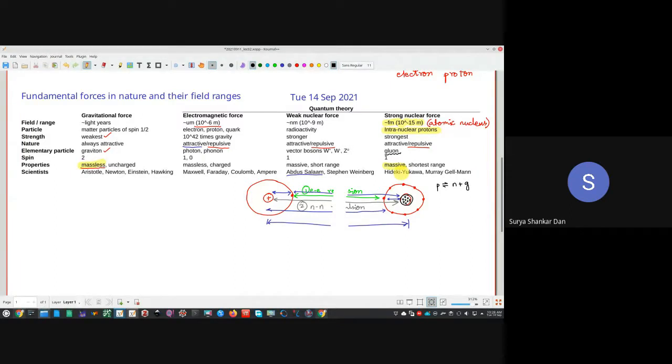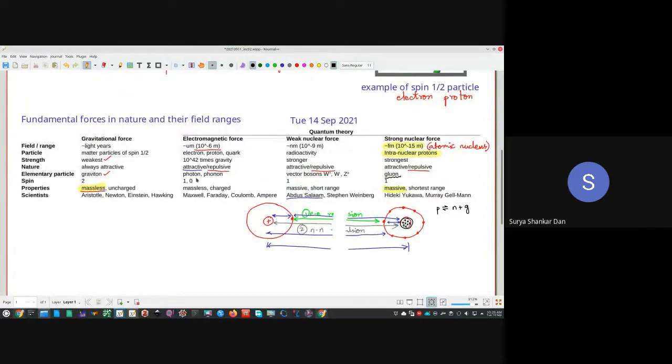The atoms are stable thanks to the nuclear forces. The solid state is stable because of the electromagnetic forces. And the earth and the solar system are stable thanks to the gravitational forces. Okay, I think that's all. If you are interested, we can take it up some other time.